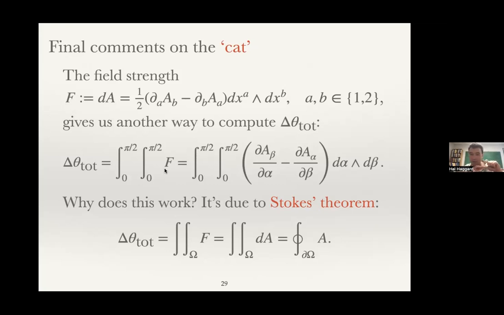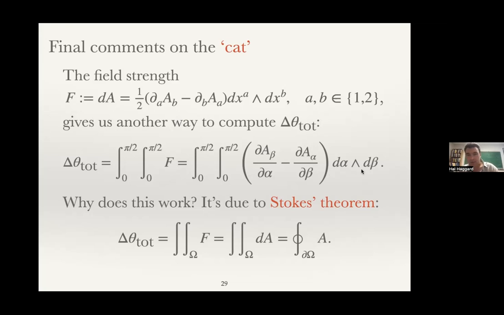That is, over the full area. And it's a nice calculation, and you can check this yourself. So compute dA_beta with d alpha, subtract off dA_alpha d beta. I'm just writing this out explicitly. Integrate that over this area, and you'll find exactly the same delta theta that we did before.